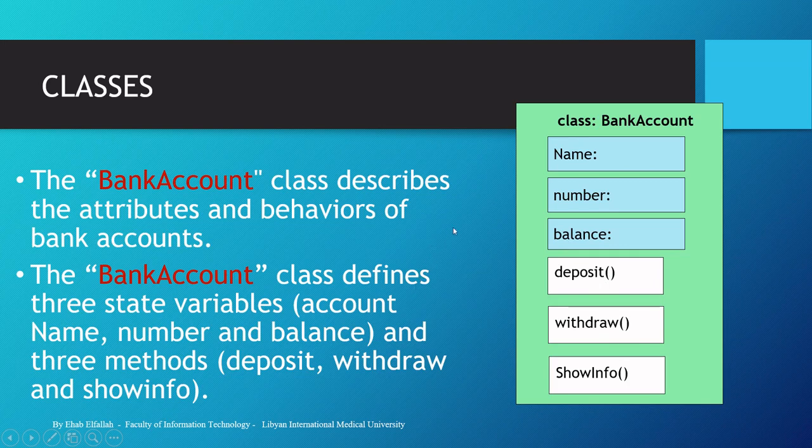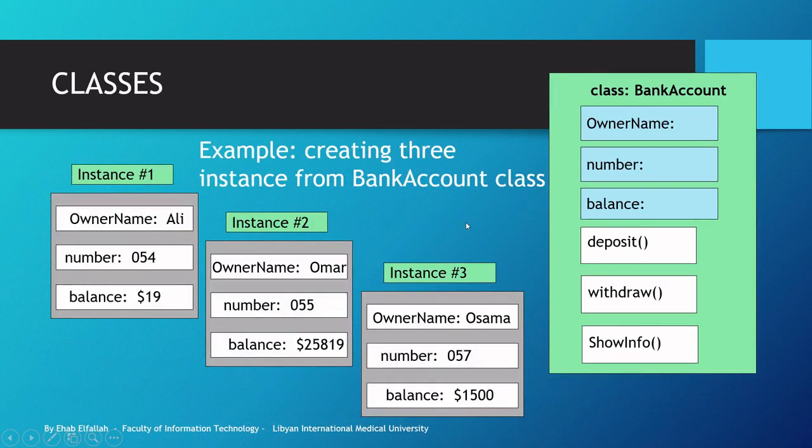So this is an example of a class, and if we want to make an object or instance from that class, we can make one instance, a second instance, and a third instance. For the first instance, we can store information like the owner Ali, his number is 054, and the balance is $19, and the other instances have different information.